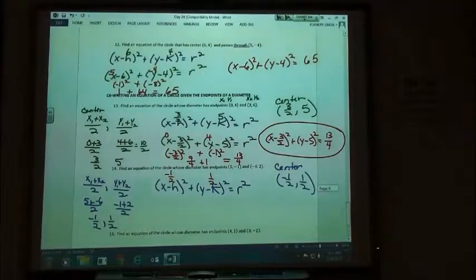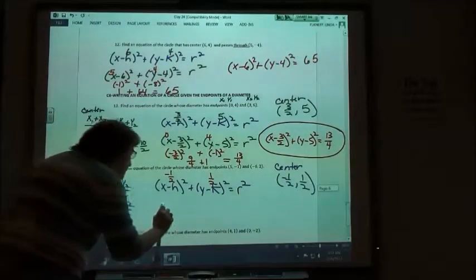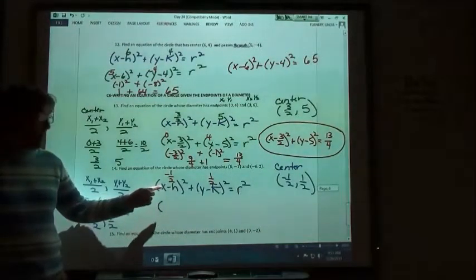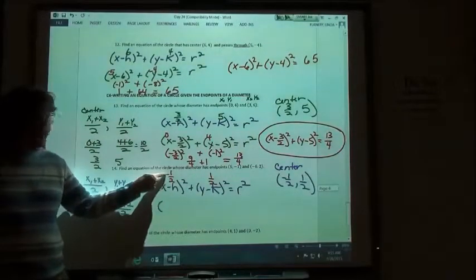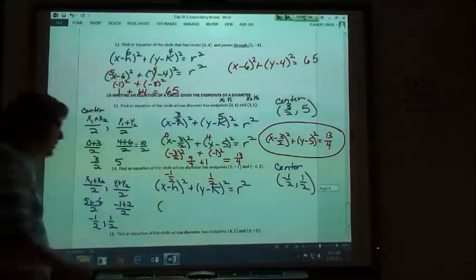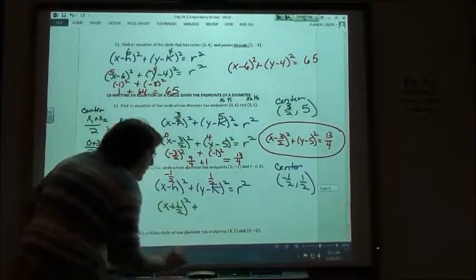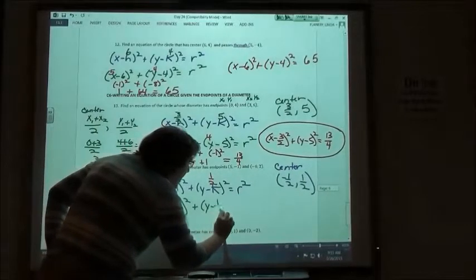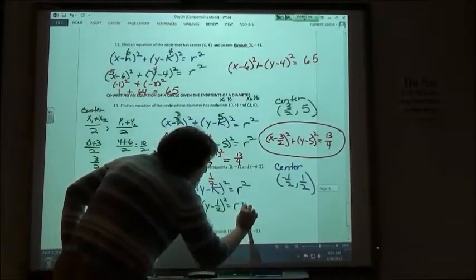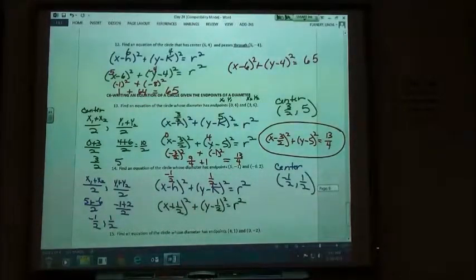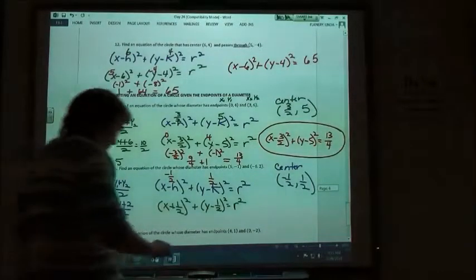Then you're going to get x minus a half squared. Now instead of x minus a half on this first one, oh, yes, I have to change it, minus a negative, I got to change it to a plus. So x plus 1/2 squared. And then the y is going to be minus a half squared equals our r squared, right? So just remember when the number in the center is negative, it becomes positive when we do our circle, because we get minus a negative.